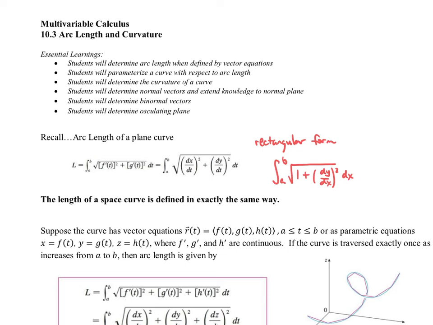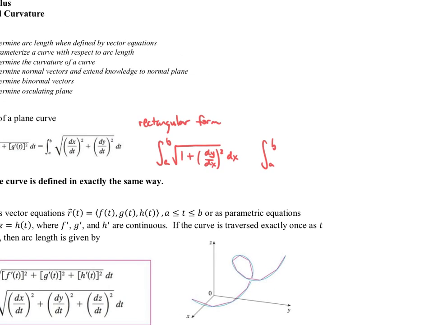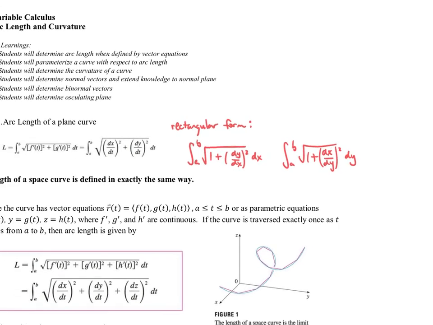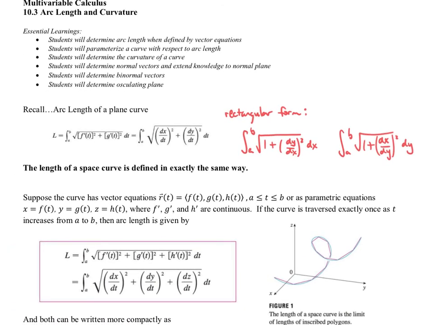The other one would be the integral from a to b of the square root of 1 plus the quantity dx dy squared, and that's in terms of y. So we have these two different rectangular forms for the arc length, but we're going to utilize the main one we used last year, which is in terms of t.